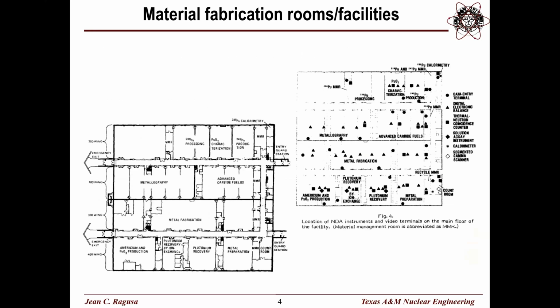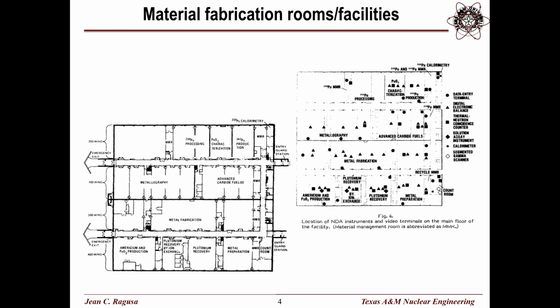What kind of material fabrication rooms and facilities are we looking at? Here are some examples from a public report. You can see that we're talking about rooms where processing, characterization, production, and modification of materials are being performed.